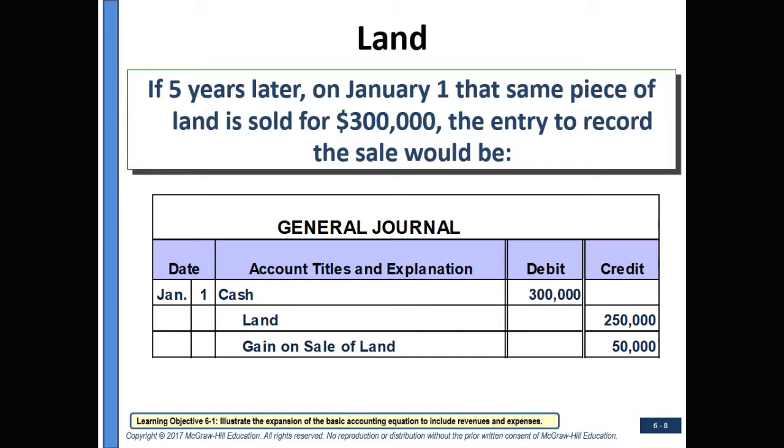So we would debit cash $300,000. Now we only have $250,000 on the books for this piece of land. So we reduce land to zero through its book value of $250,000 as a credit. And then the additional $50,000 that we received would be a credit to the gain on sale of land. We made $50,000 just by selling this piece of land.